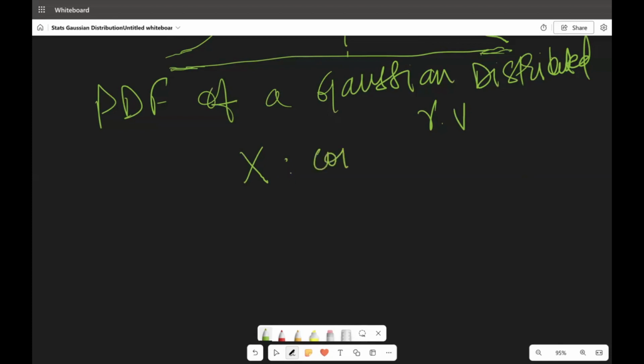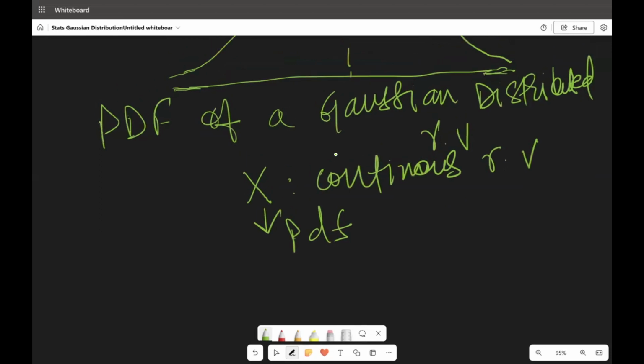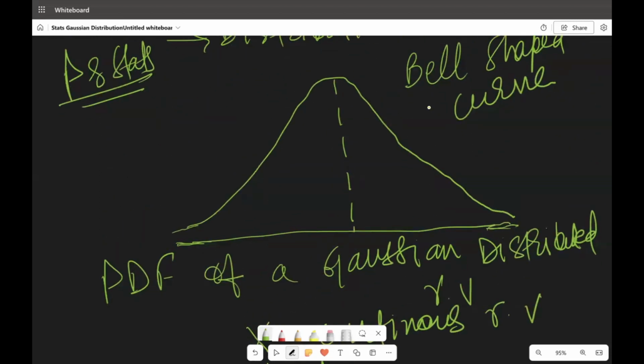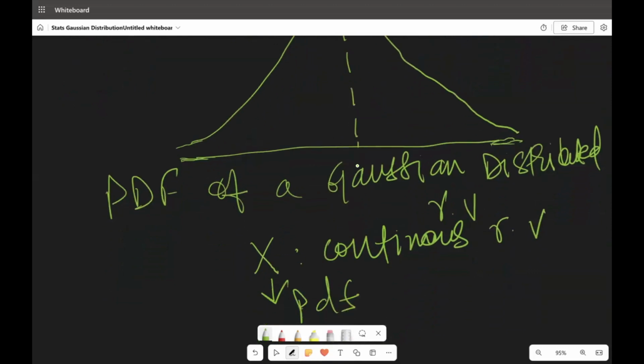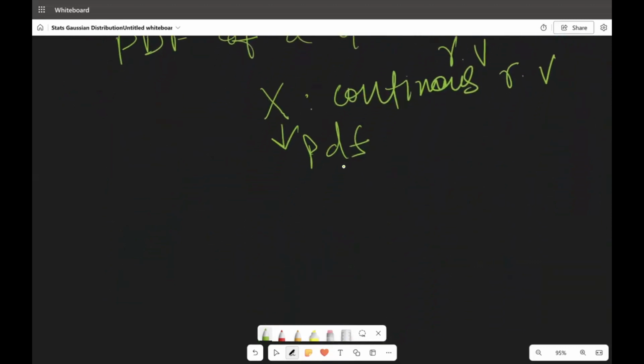If X has a PDF, probability density function, which looks like this bell-shaped curve, then we say X has a distribution which is Gaussian.